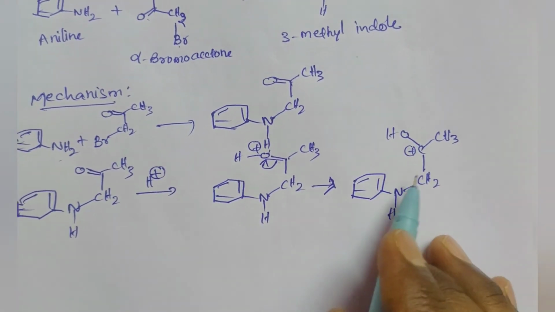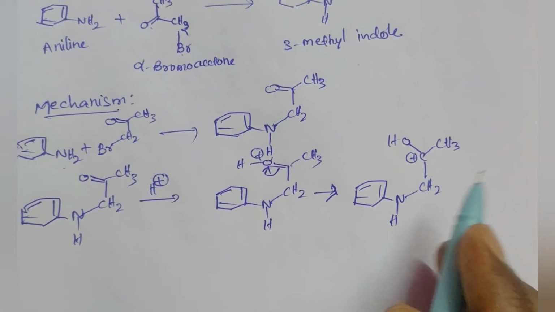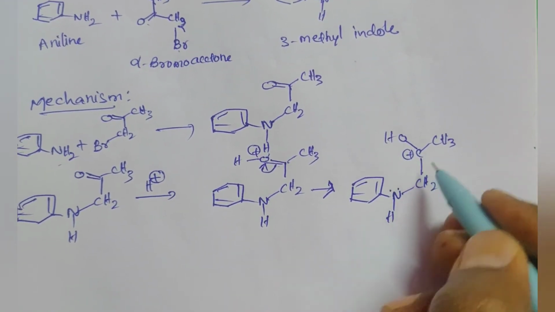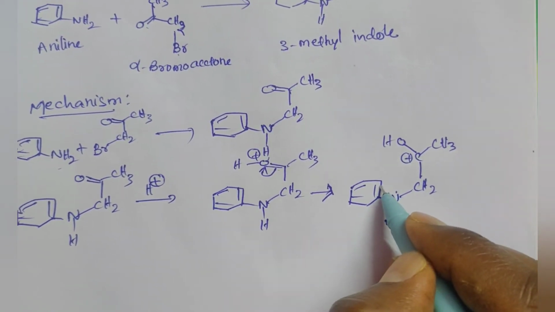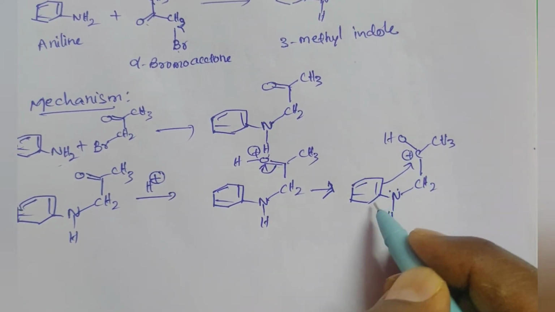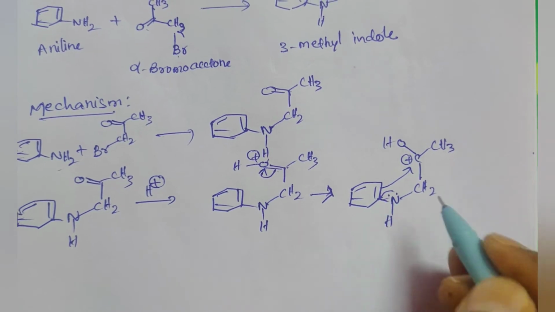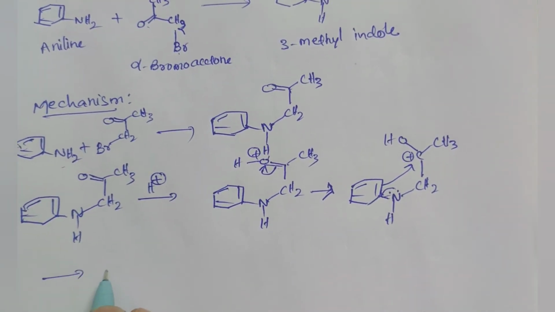Now this positive charge behaves as the driving force for the cyclization. So to balance this one, what happens? This bond shifts here and cyclization occurs, and to nullify that one, this electron pair shifts here. As a result, we get this product.